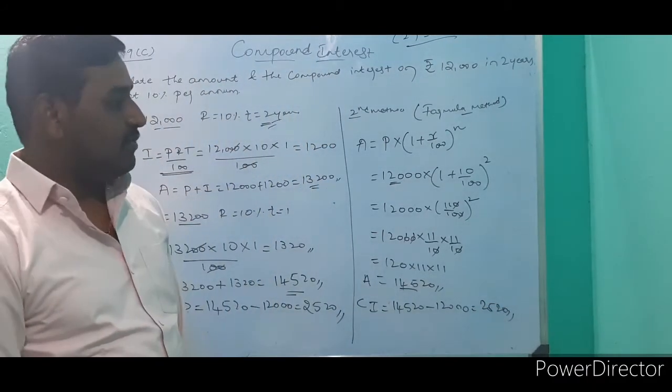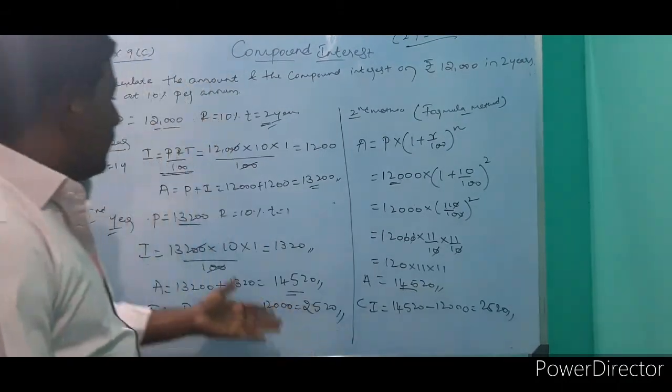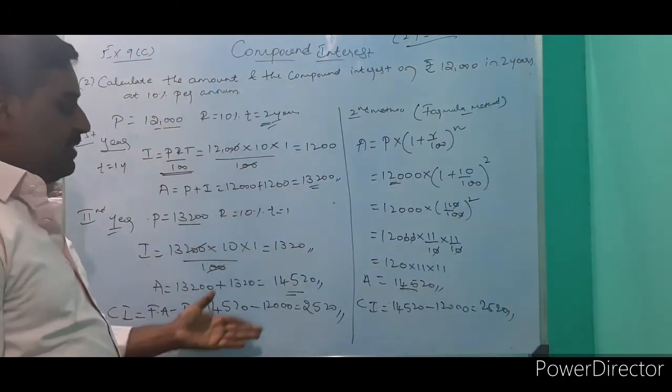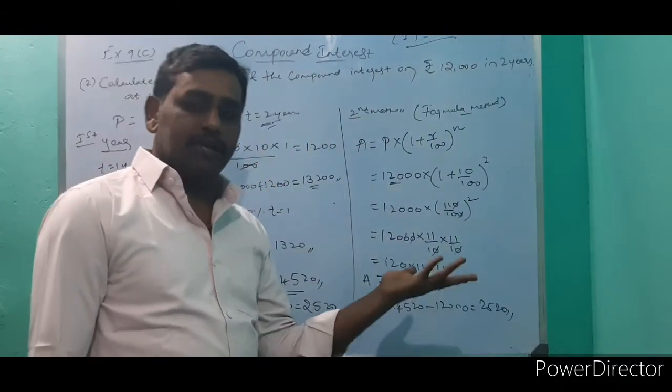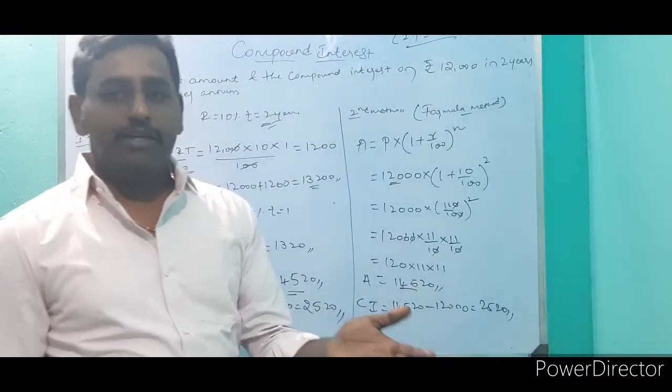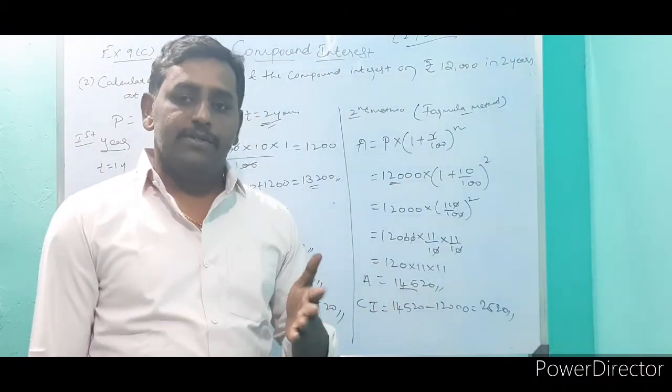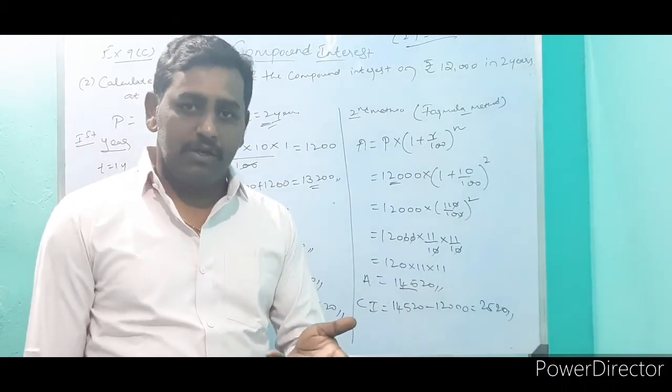So dear students, don't get confused. If you want this method, you can go for this method. If you want the formula method, you can go for the formula method. In the question it is specifically mentioned which method you want to solve with.